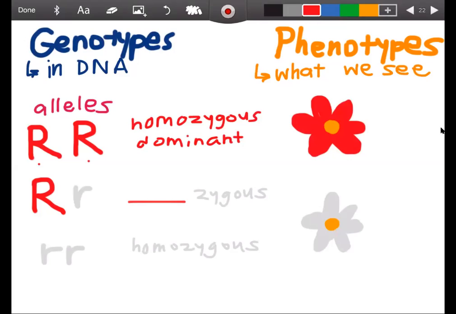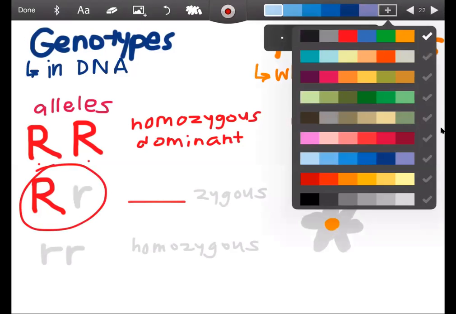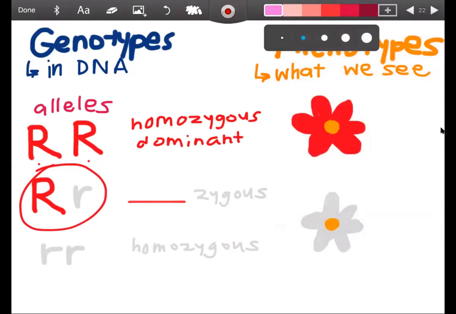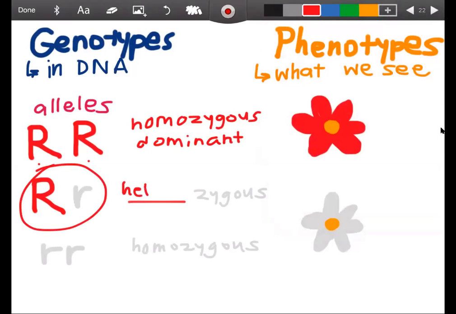So because this gene in the middle has alleles that are dominant and recessive together, this is going to be referred to as heterozygous. Where hetero means different and homo means the same.